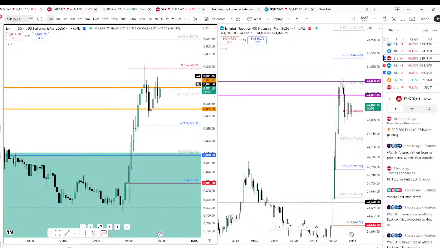Your intraday initial margin is now at $6,656.50 for a single contract for a mini, or a micro, $1,399 for a micro.